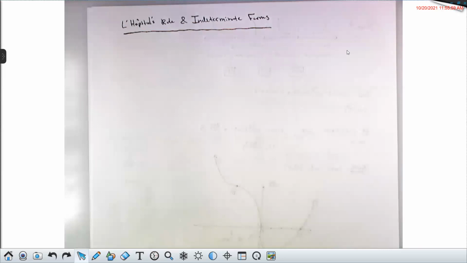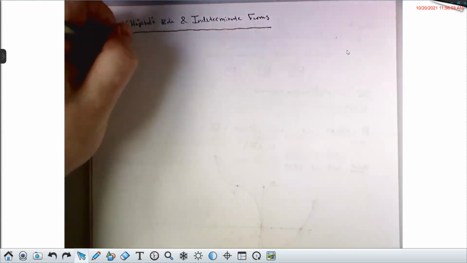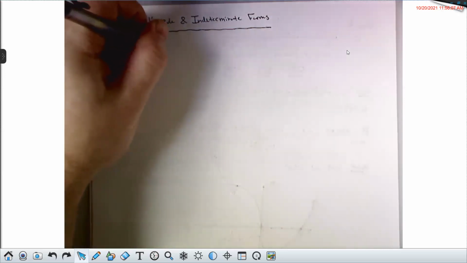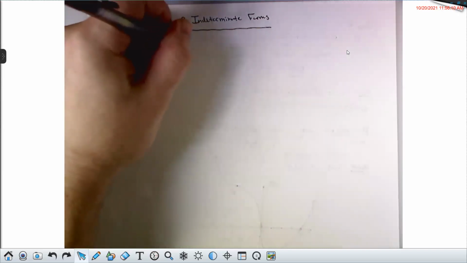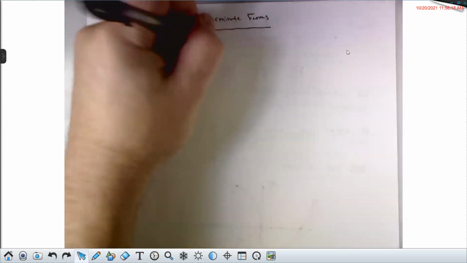The classic example is 0 over 0. So an indeterminate form is what it sounds like. It's an expression whose value cannot be determined just from the expression.